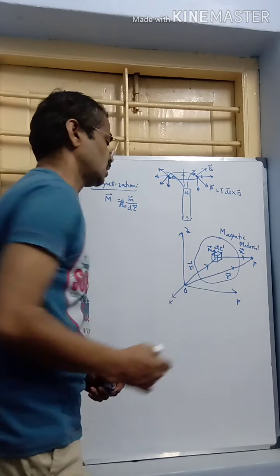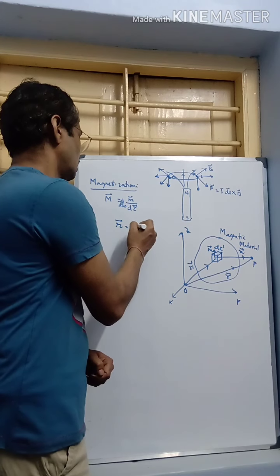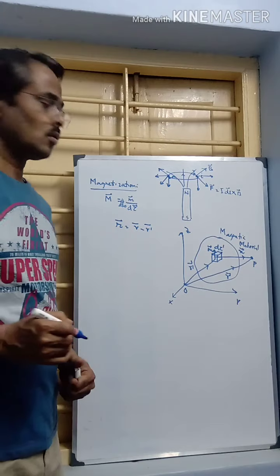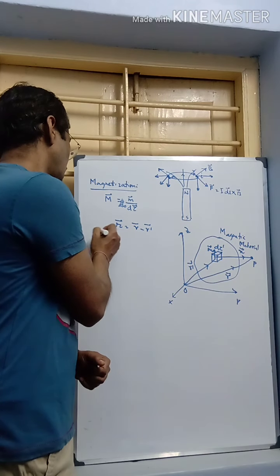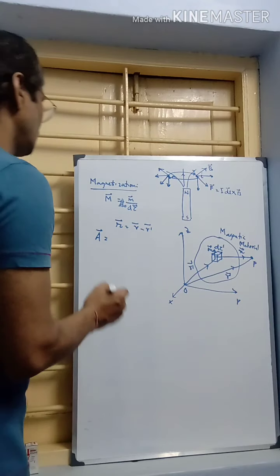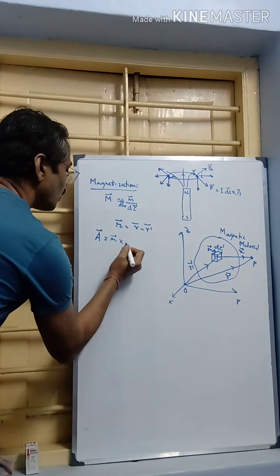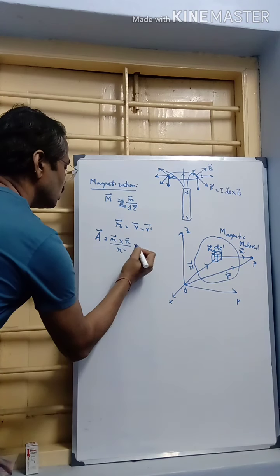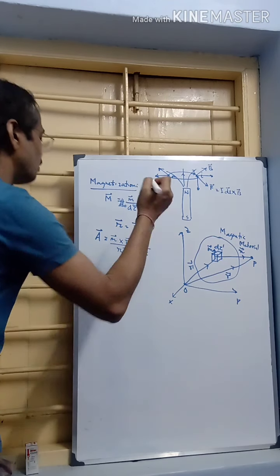The source point is r prime, such that our curly r is r minus r prime. Then the corresponding vector potential, according to our previous class, is given by mu naught by 4 pi into m cross curly r by curly r cube.